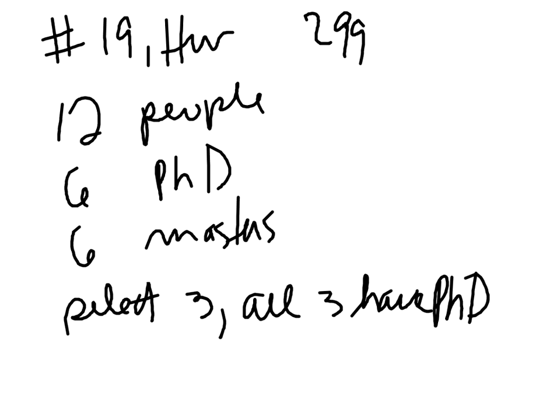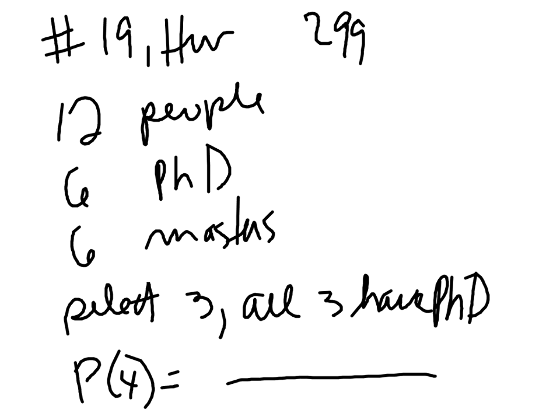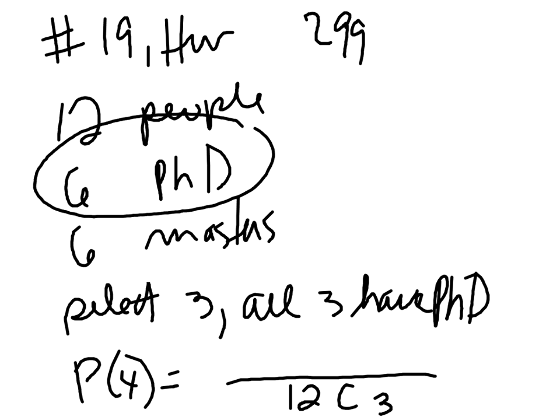So the first thing I would do when I normally set these things up is, I know we're going to choose 3 to interview from 12, so I know my denominator right away is 12 combination 3. That's a big help. Now, notice that we're going to select 3 people, and each of the 3 has a PhD.